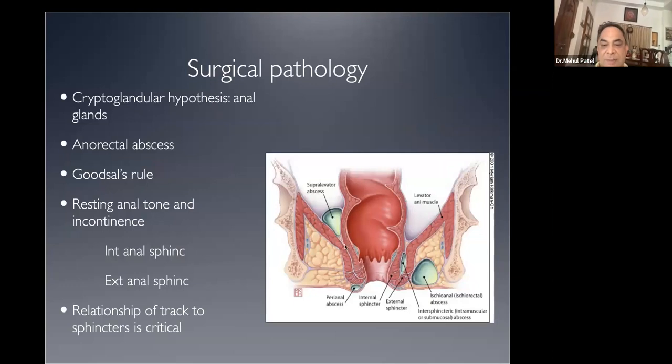Here is your levator plate. Here is your continuation of the external sphincter, dentate line, internal sphincter, and then this is the level of the natal cleft, right? And the surgical pathology that I described, that is where these abscesses can be.